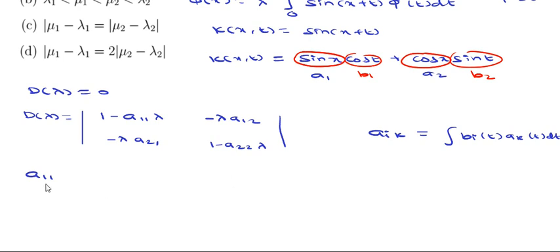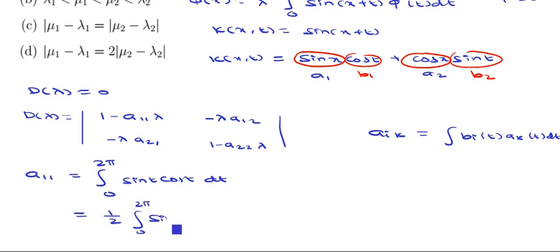So therefore a11 is the integral, the limit being 0 to 2 pi, of a1 of t, that is sin t, into b1 of t, that is cos t, dt. This can be written as 1 by 2 integral 0 to 2 pi sin 2t dt.